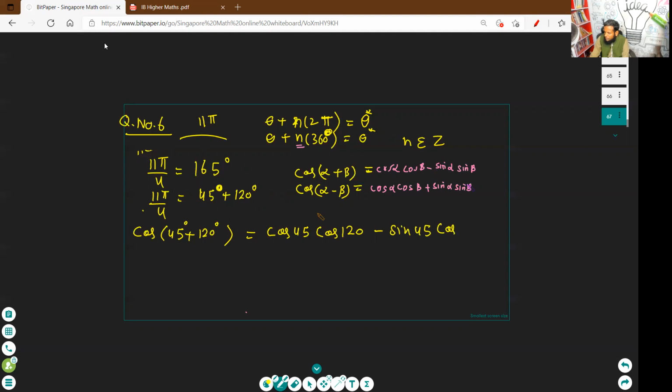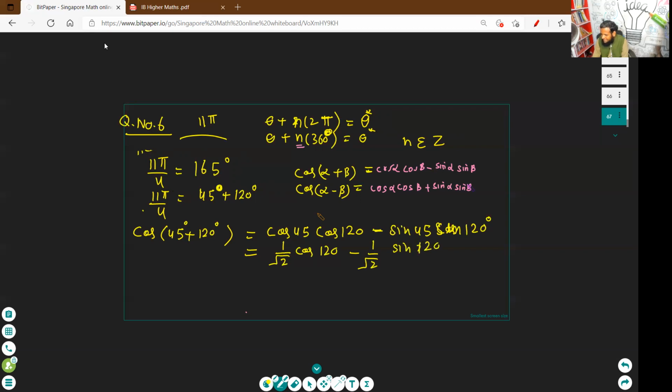What are cos 45 and sine 45 degree? Root of 2 over 2, or 1 over root of 2. We don't know the value of cos 120, because we are using it without a calculator. Sine 45 degree is 1 over root of 2. Okay, sine 120.